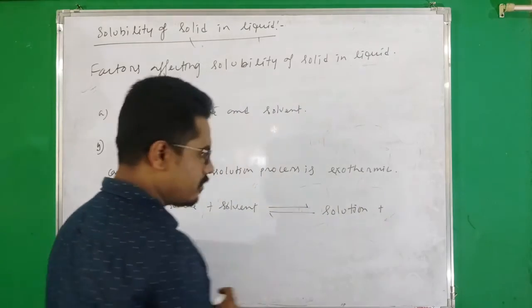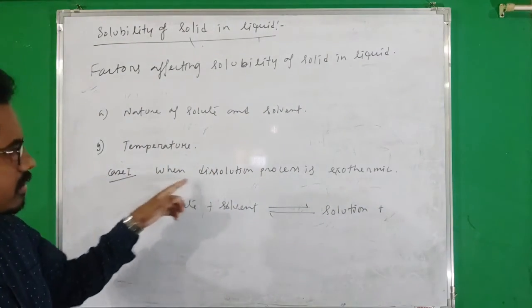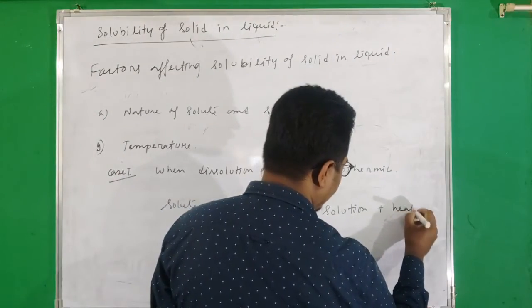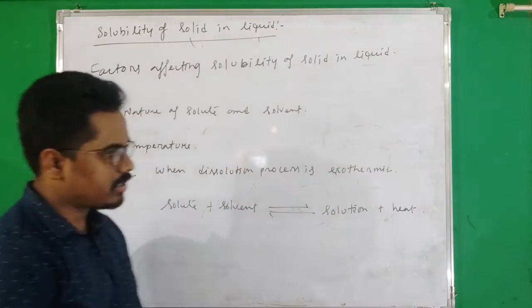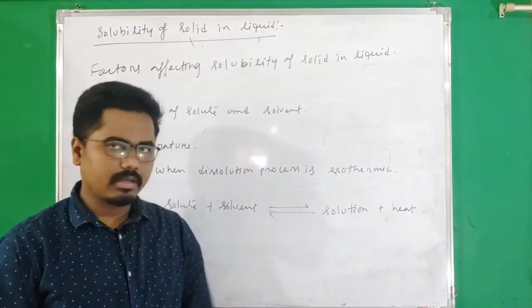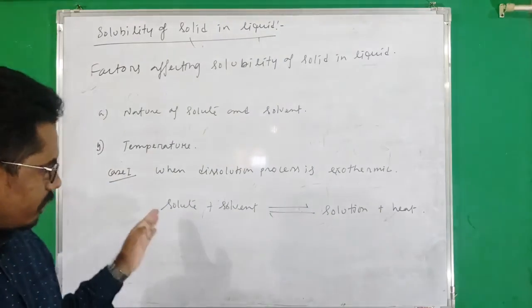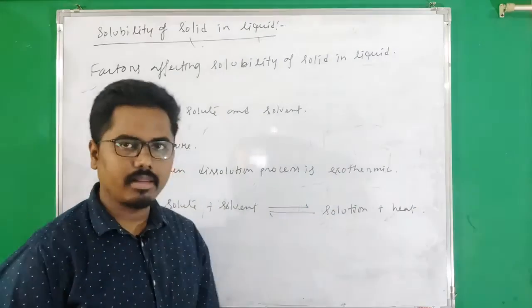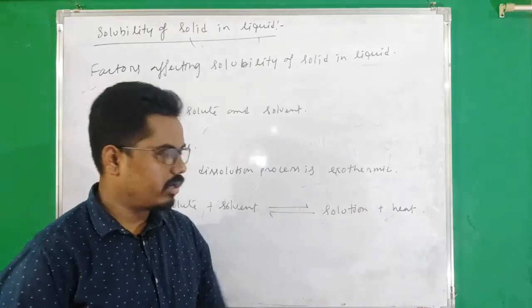And along with the solution, since the process is exothermic, heat will evolve. In case of exothermic processes, heat is evolved along with the product. So here the product is solution, we have added solute and solvent, and the solution will be obtained. Along with the solution, heat will evolve.